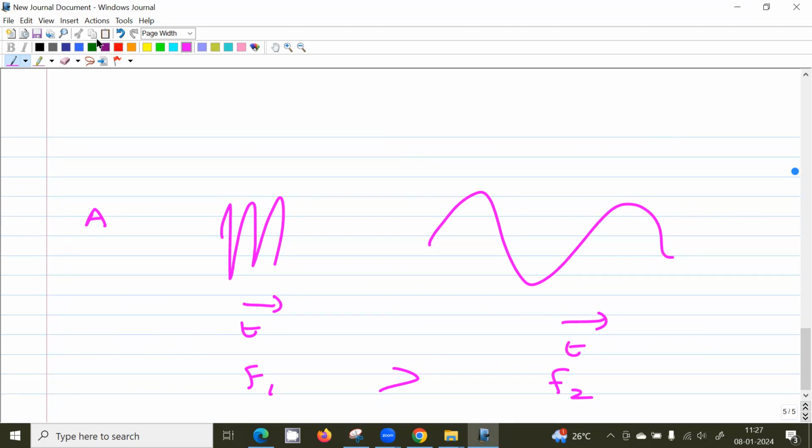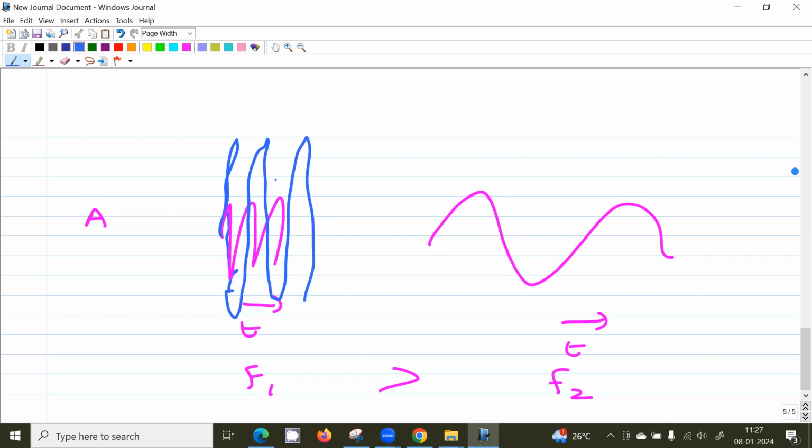I can have a second sound of the same frequency, but with larger amplitude, so this sound is louder compared to this sound. Frequency is a different property.